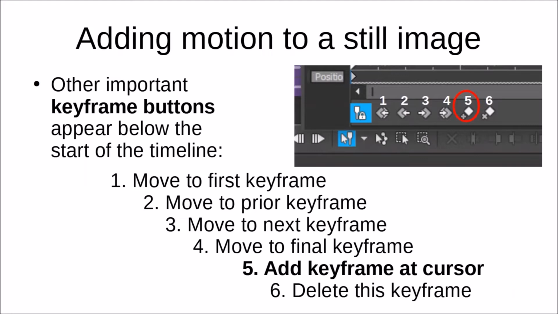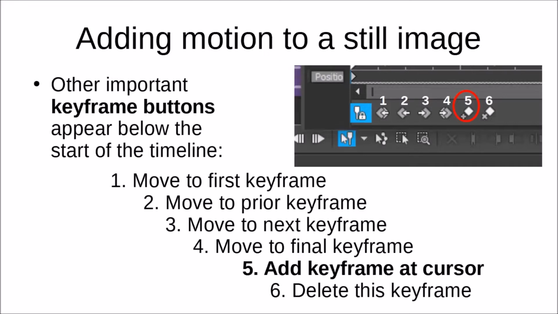Button number 1 says move to the first keyframe, and normally you will apply that first keyframe at the beginning of the scene. The second button moves you to the immediate prior keyframe. And yes, there are circumstances where you will want to apply more than 1 or more than 2 keyframes to a scene, particularly for what I did in that panorama video.